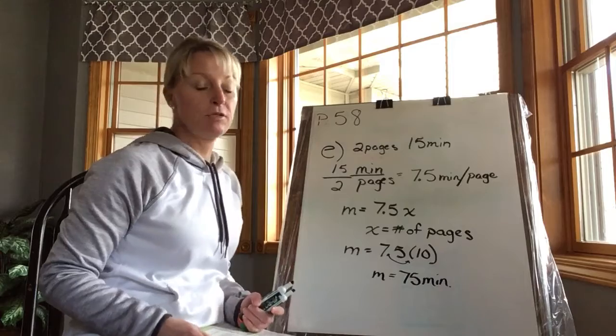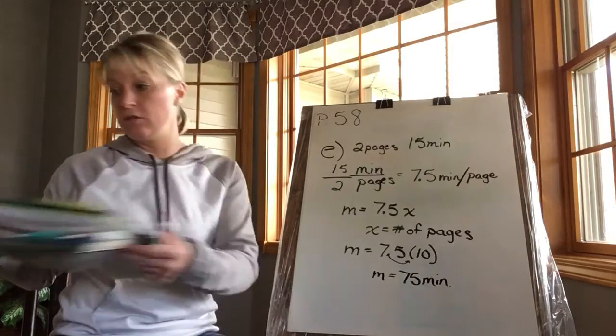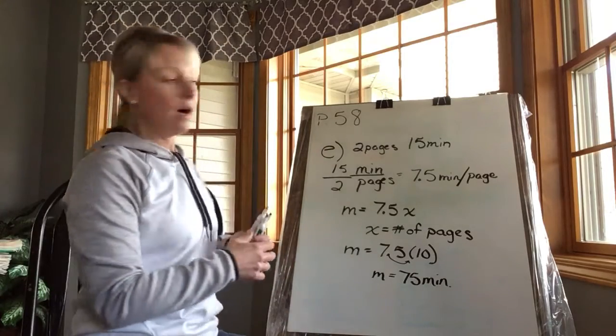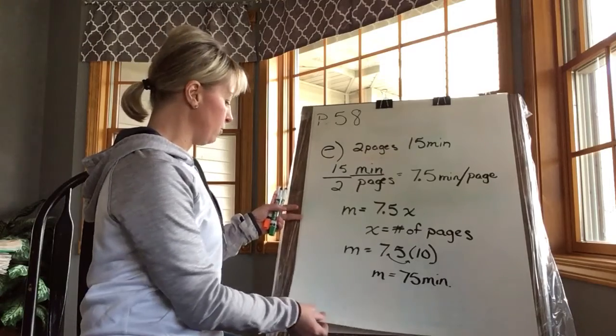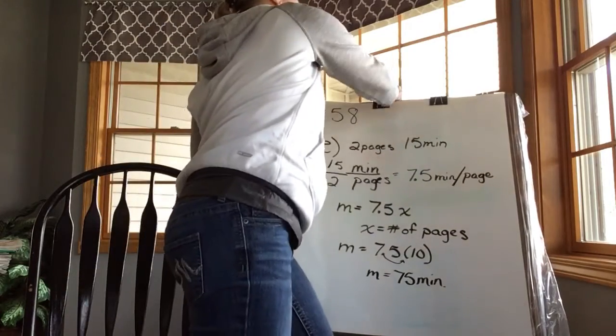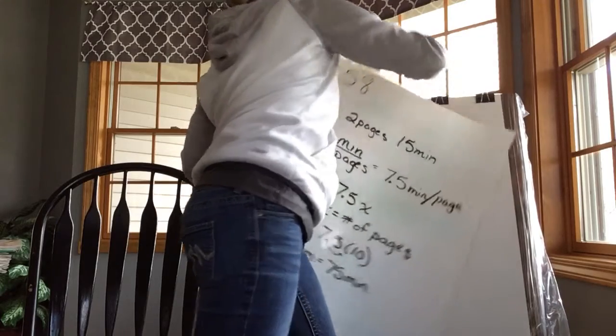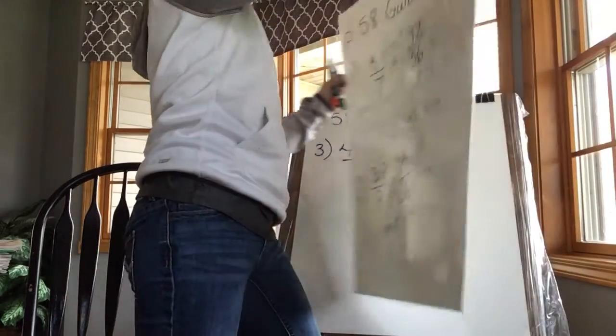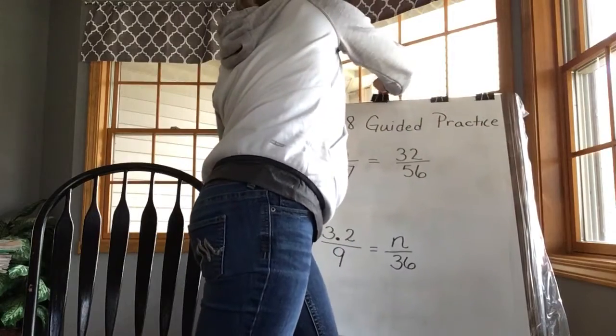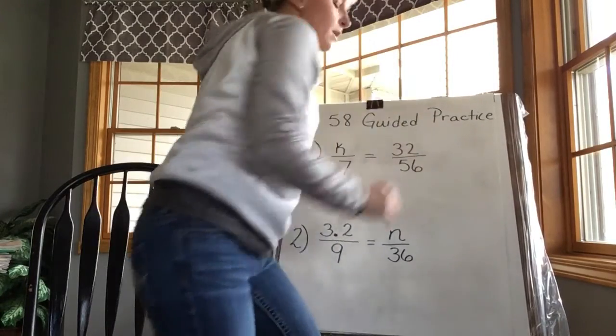After that, you were supposed to do the got it problems, and then you were supposed to do either the guided practice on the bottom of page 58, or you could have done the quick check online. I'm going to go over the guided practice.